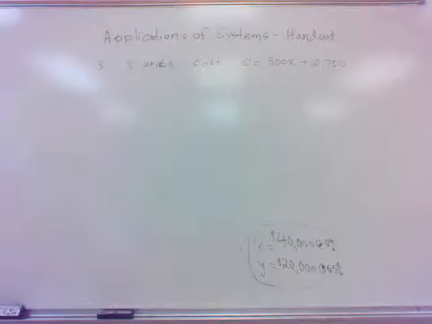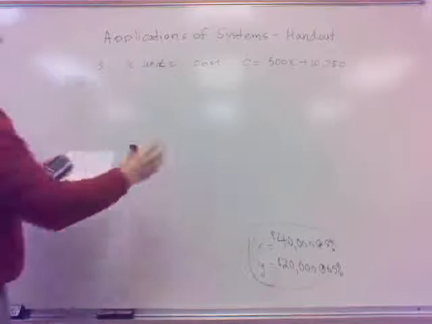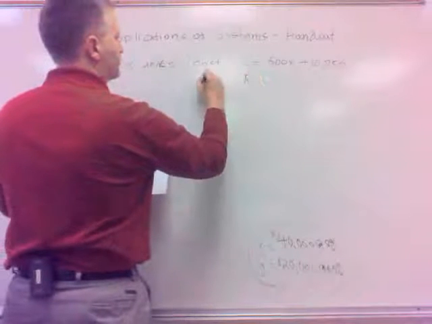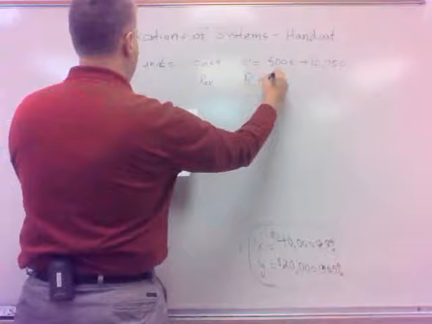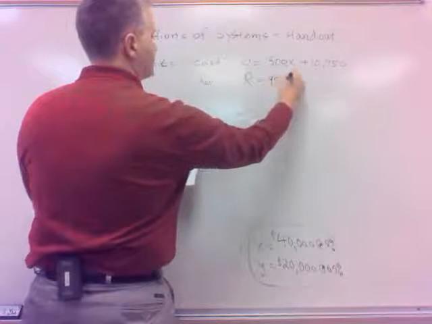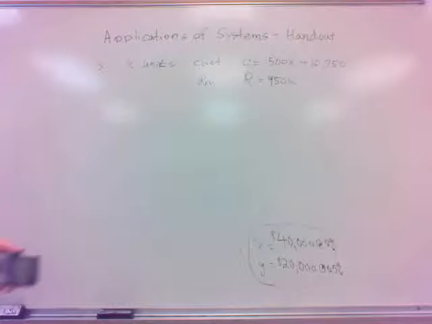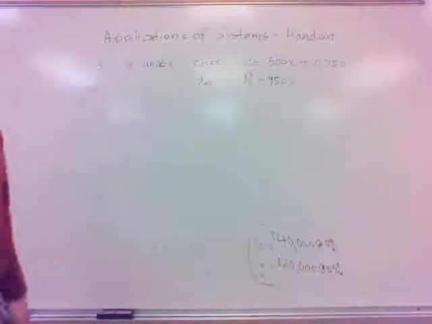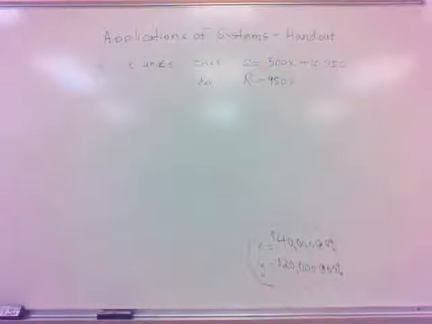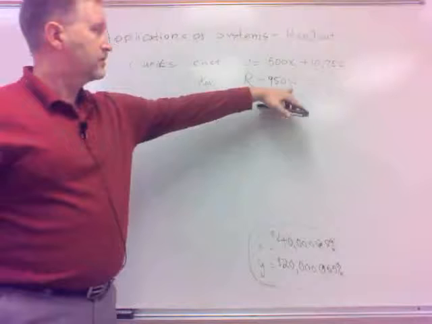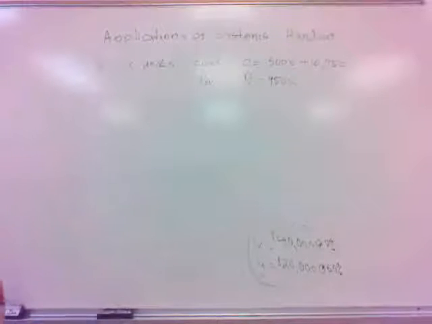And the revenue for selling X units is R equals 950X. So we produce X units, we get a cost of 500X plus 10,750, and revenue, multiply 950 by X for selling that number of units. Find the sales necessary to break even.